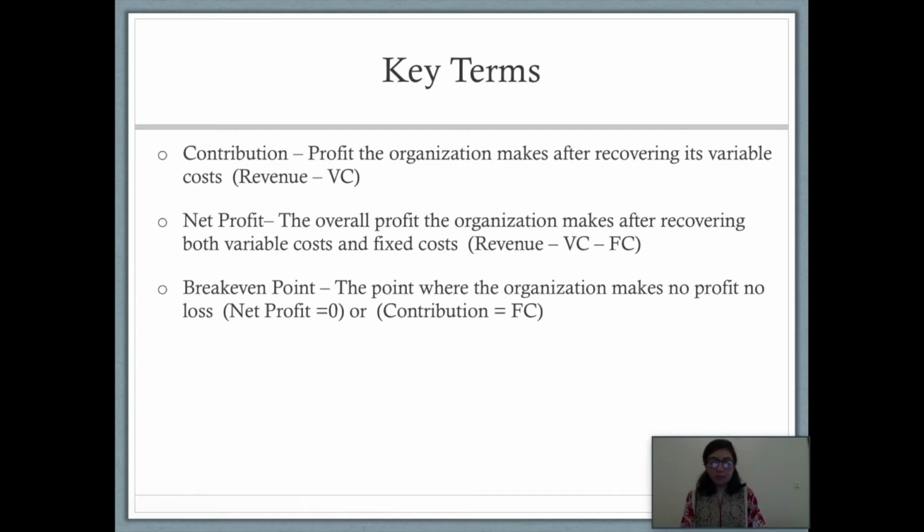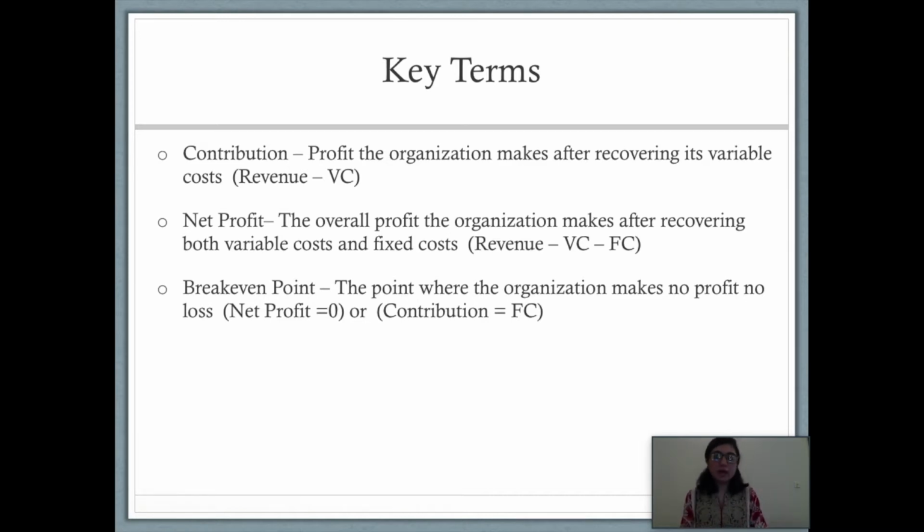The break-even point is the point where the organization makes sales up to a point where they've started covering their fixed cost. For example, let's suppose you've sold 10,000 units. Selling 10,000 units, the revenue equals your total cost, right? So where revenue equals your total cost, by total I mean both variable and fixed.